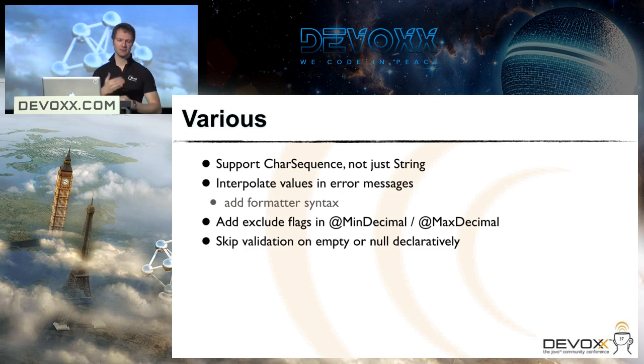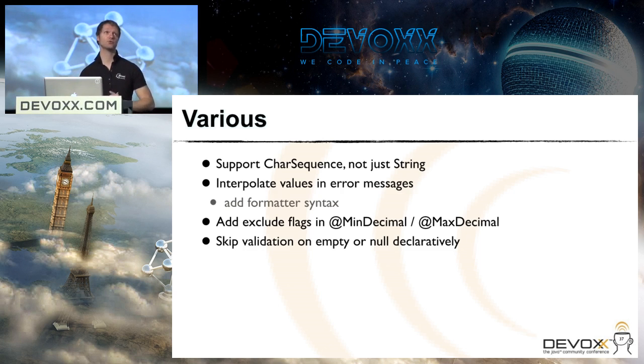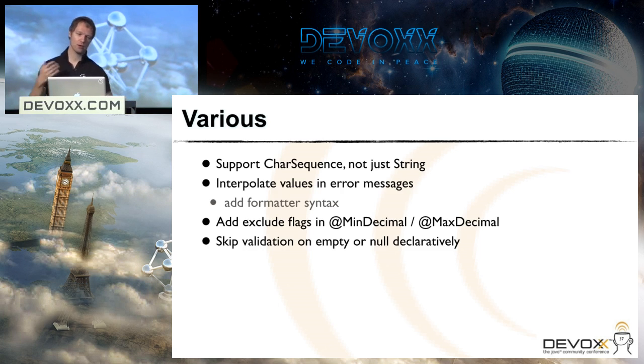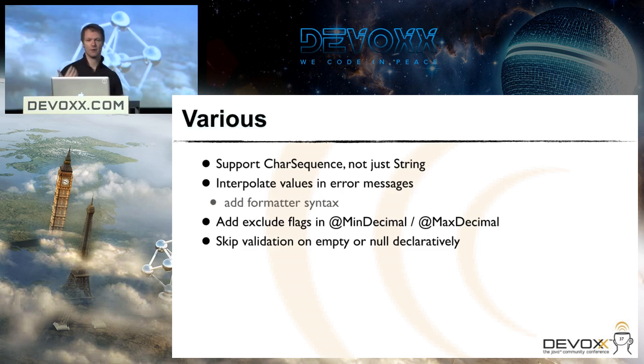We were a bit hesitant because just calling toString on a random object is not necessarily doing the right thing. But for people that are really interested in doing that and actually implementing their toString operations, we're going to support that. We are also going to add exclude flags on DecimalMin and DecimalMax to exclude the limits.